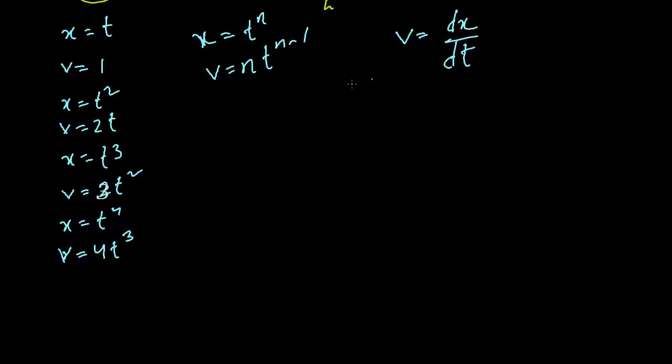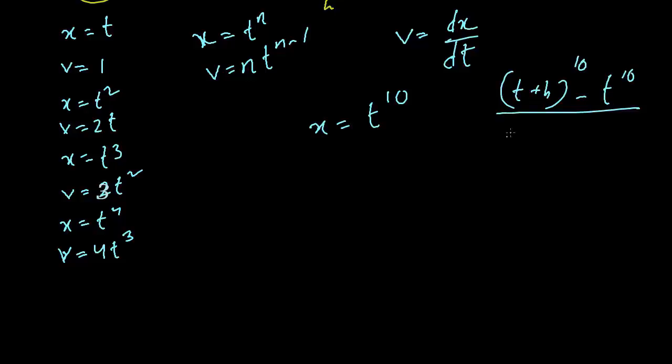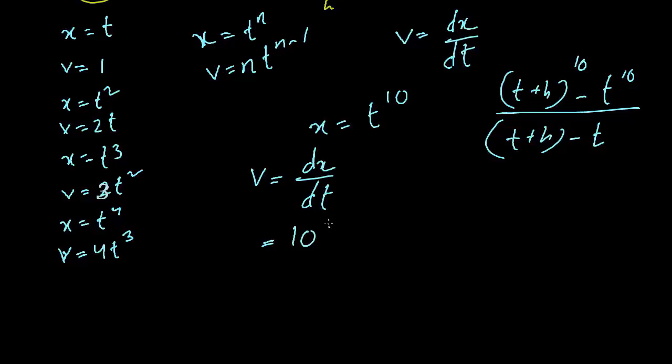So the trick is, if you have a distance t to the power 10, you don't have to go through t plus h to the power 10 minus t to the power 10 divided by h for just a small distance. You don't have to go through this. You just remember dx by dt, which is the same as velocity, change of distance by change of time. This change is going to be 10. You bring this number in front and write t to the power 9.